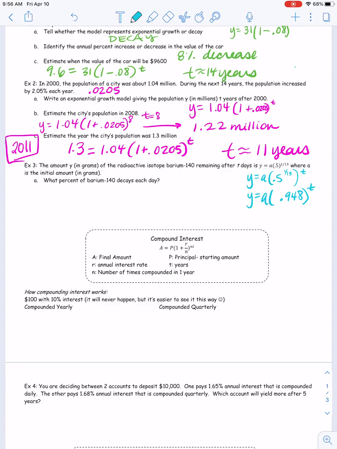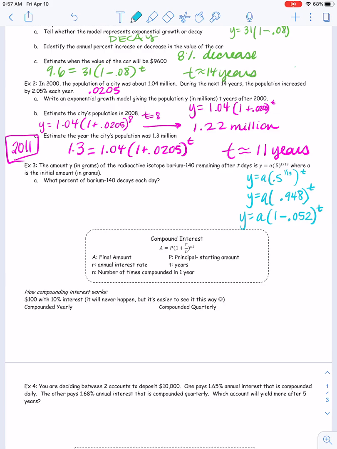So now I can rewrite it so that I can easily identify the rate at which it's decaying, and that would be Y equals A times (1 minus 0.052) raised to the T value. 1 minus 0.052 is 0.948.